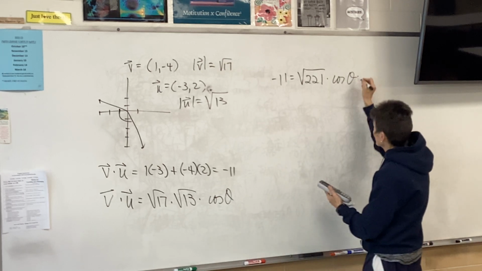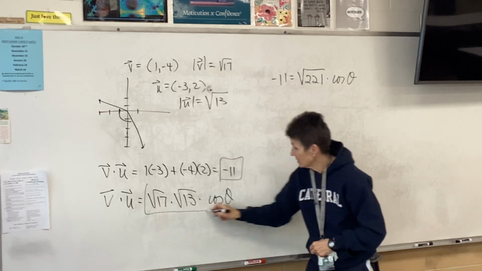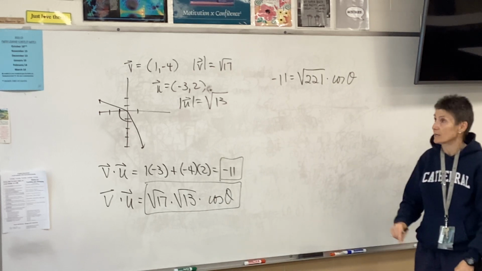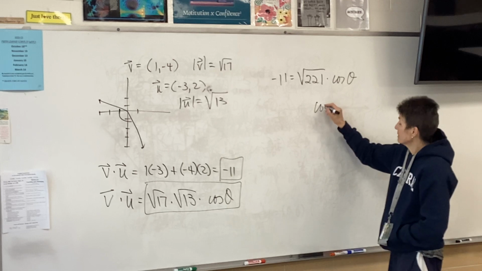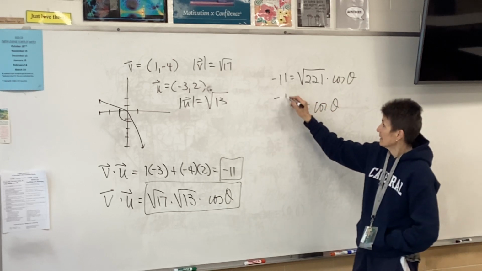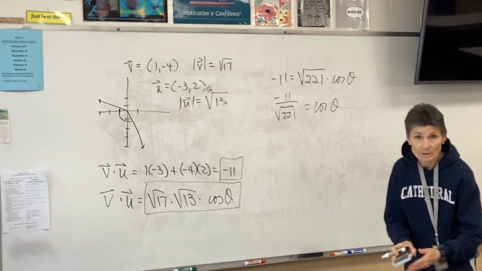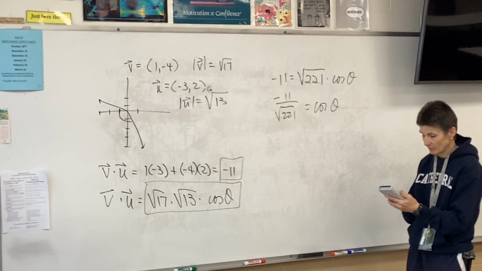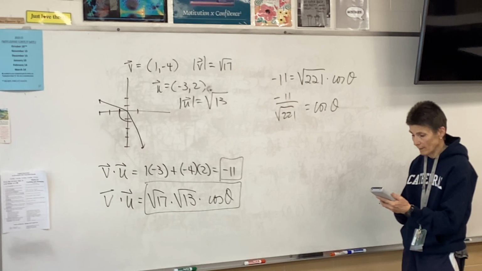So root 221 times cosine theta. Now I can multiply a square root times a square root and I just get a bigger square root. So the cosine of theta is -11 over root 221. So now we take the inverse cosine of -11 divided by square root 221.